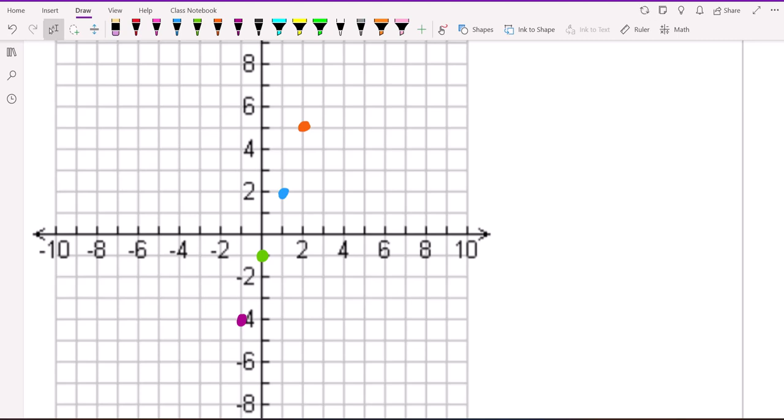Take your ruler, draw a straight line through it.